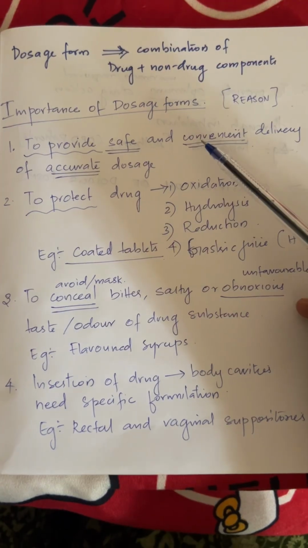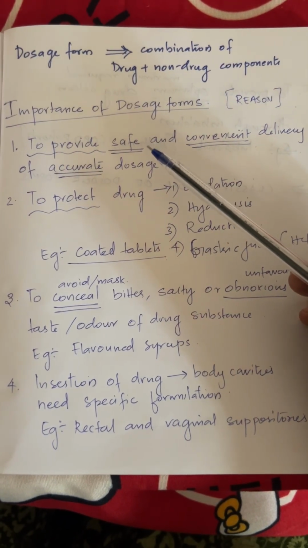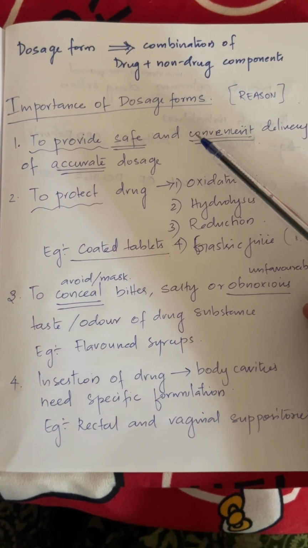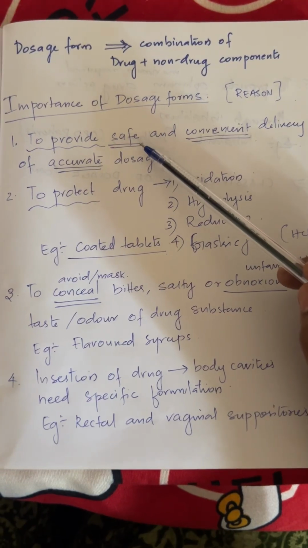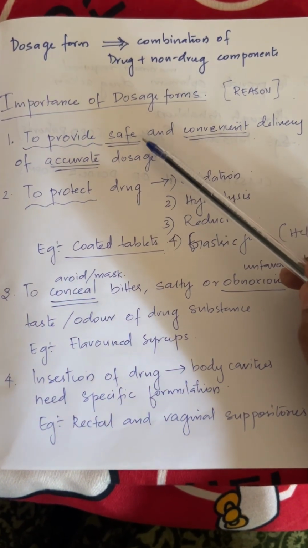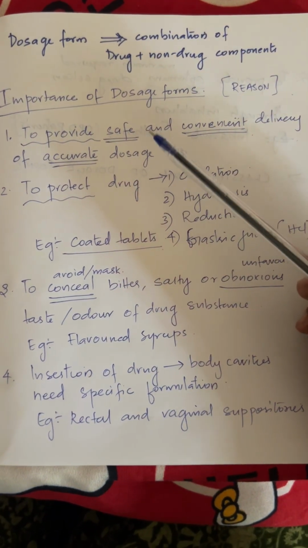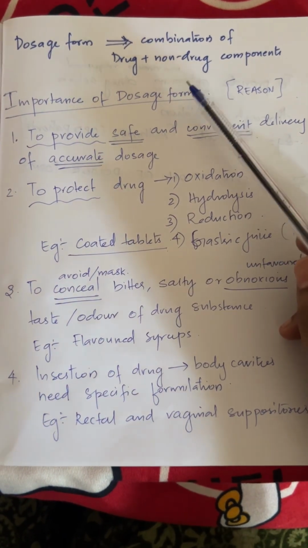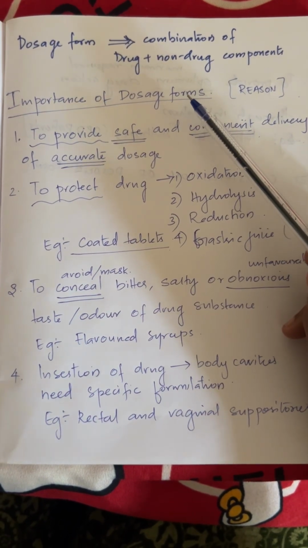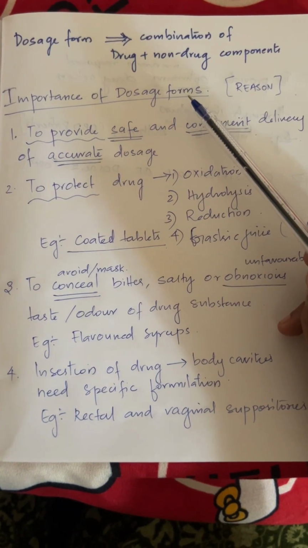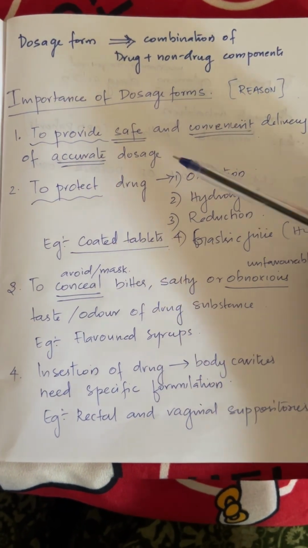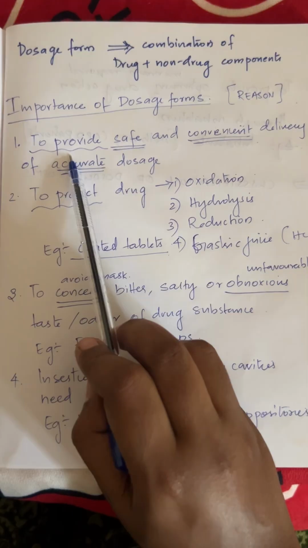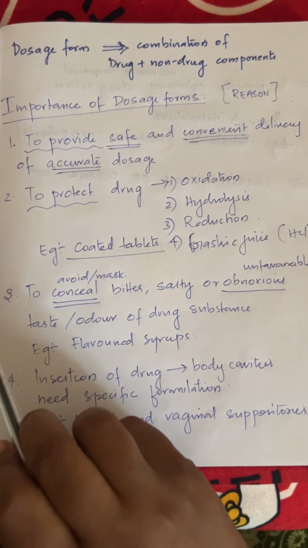There are chances of so many impurities present in the drugs, which is not safe for the patients. So we have to mix it with certain non-drug components to make the drugs usable for every patient. So that is the reasoning here.